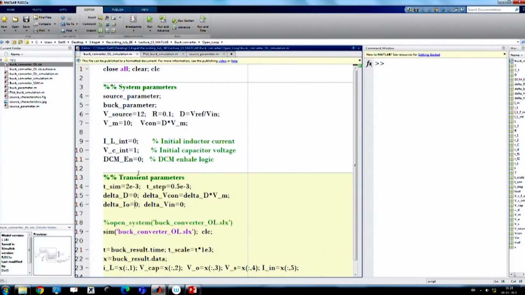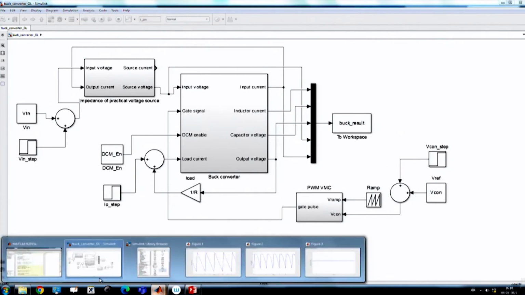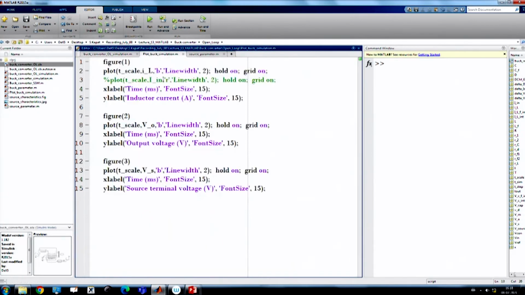Now, I want to show the next case study on top of this. That means, now I want to connect here the practical voltage source. That means, here is the practical voltage source, and here I want to show the practical voltage source. Okay. Now, in the case study, I want to overlap this with the waveform.